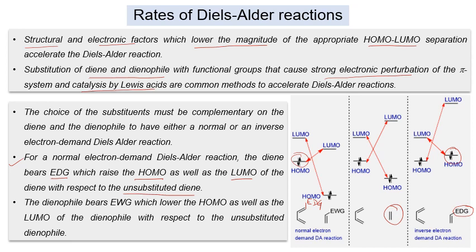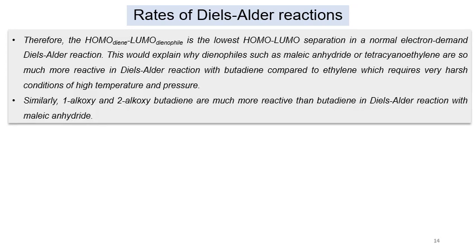Whereas if we put an electron withdrawing group on the dienophile, the HOMO and LUMO both are lowered. So the dienophile bears an electron withdrawing group in the normal electron demand Diels Alder reaction, which lowers the HOMO as well as the LUMO of the dienophile with respect to the unsubstituted dienophile.